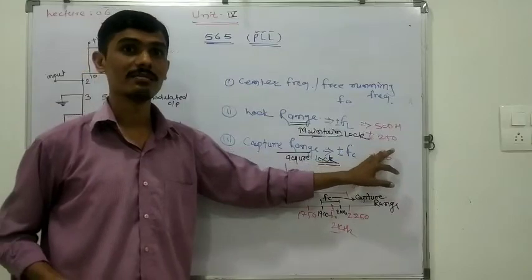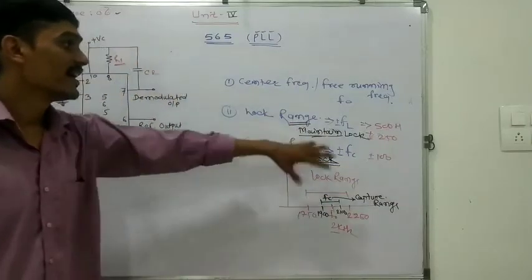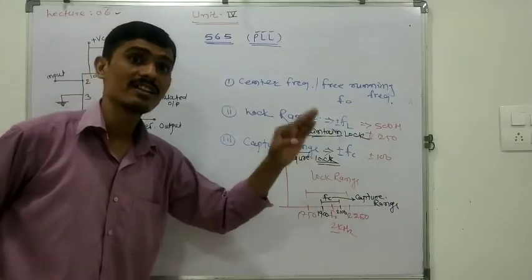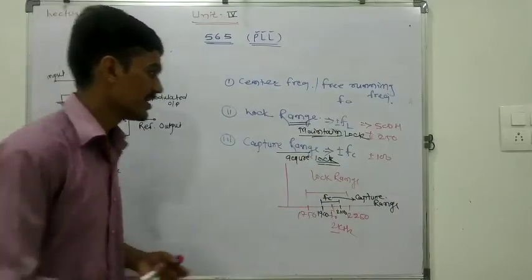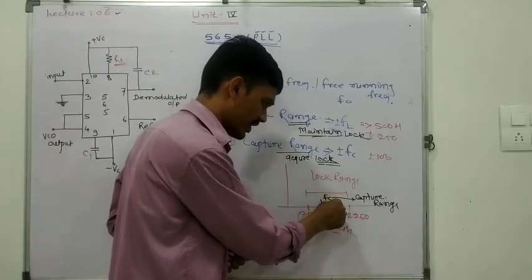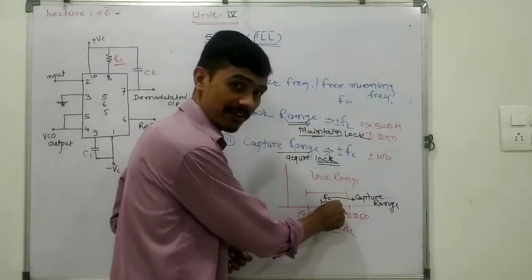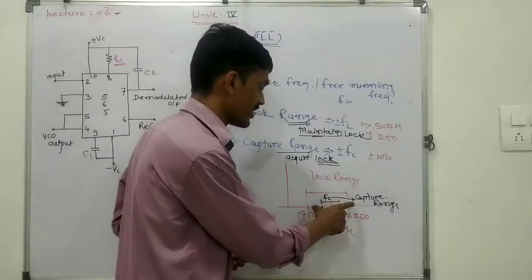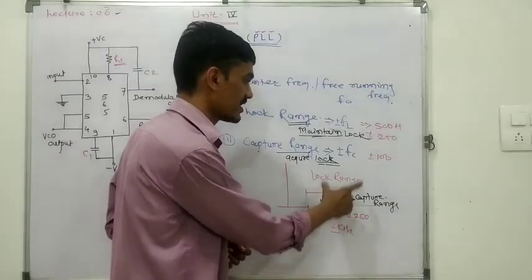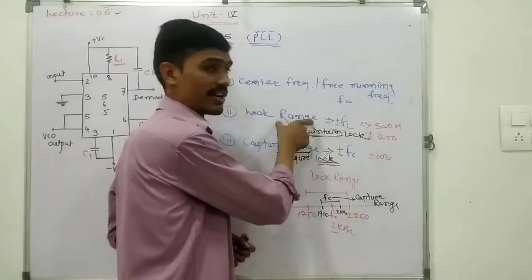Lock range is related to maintaining the lock, and capture range is acquiring the lock, fully concentrated near the center frequency. The range over which it maintains the lock is the lock range.